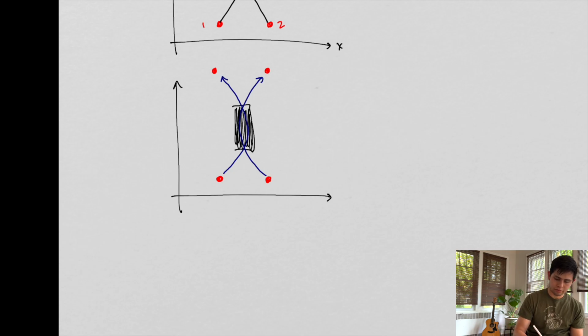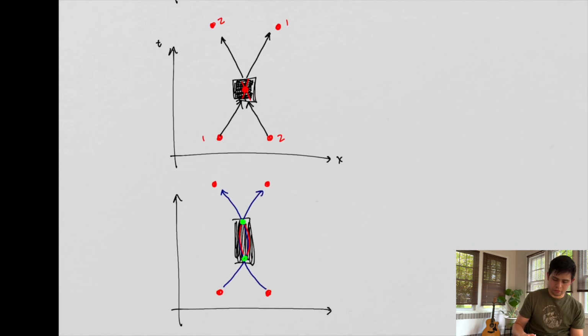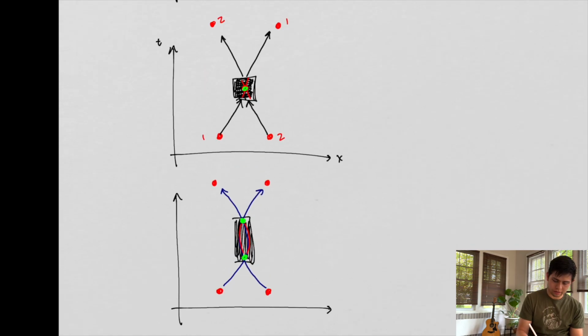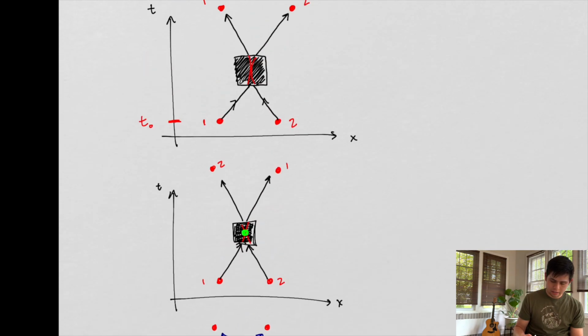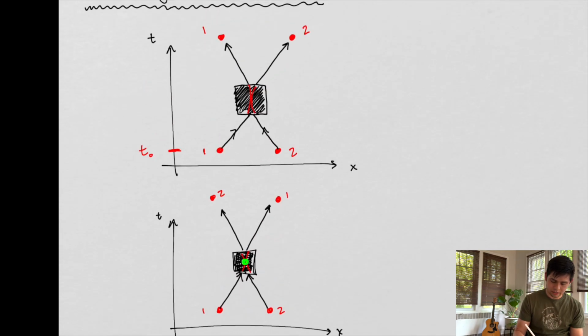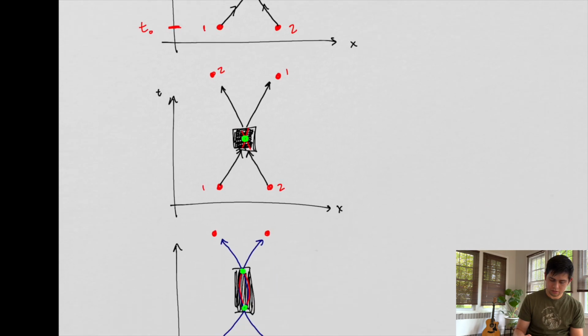Where we have 2 collisions. It's kind of hard to see, so we have 2 interaction points. So in this case here we had 1 interaction point, and in this case here we had 0 interactions.